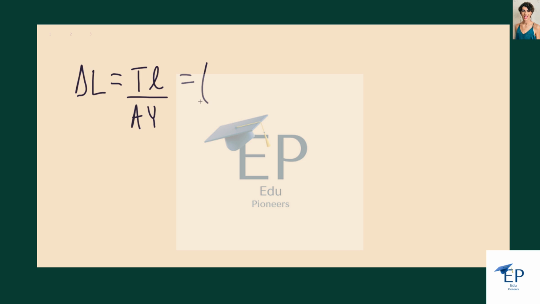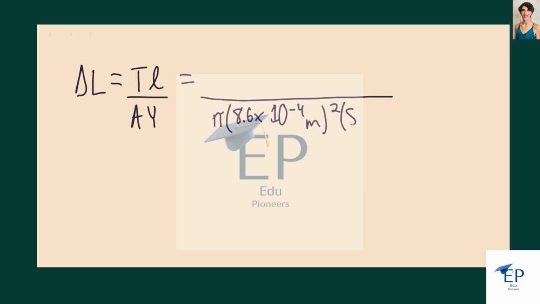So at this point, we can solve and say that this is going to be equal to, again, pi times 8.6 times 10 to the negative fourth meters squared times 8.7 times 10 to the 11th pascals.